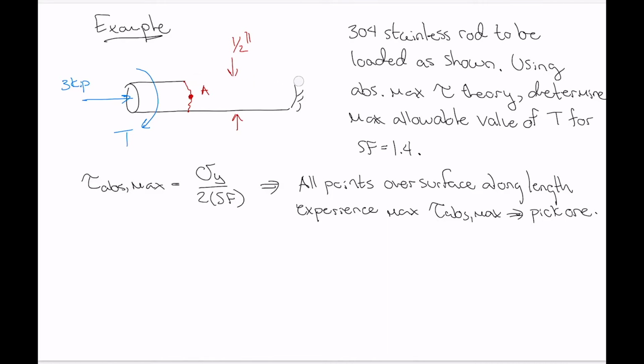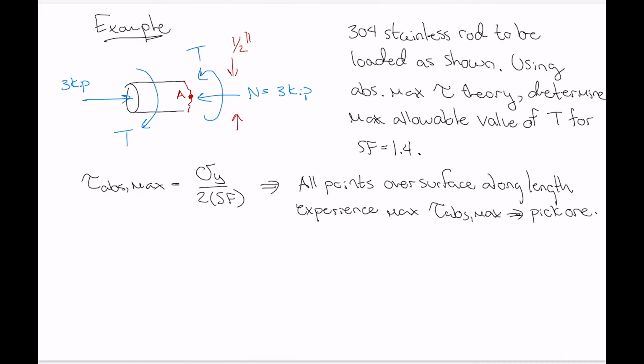So at point A, we're going to have an internal normal force that's 3 kip, and then we're going to have an internal torque that's in the opposite direction.